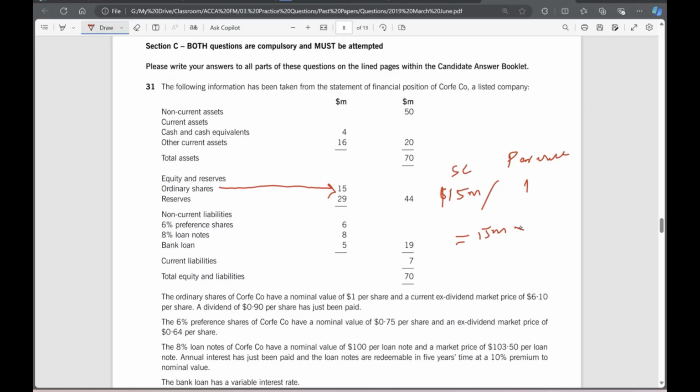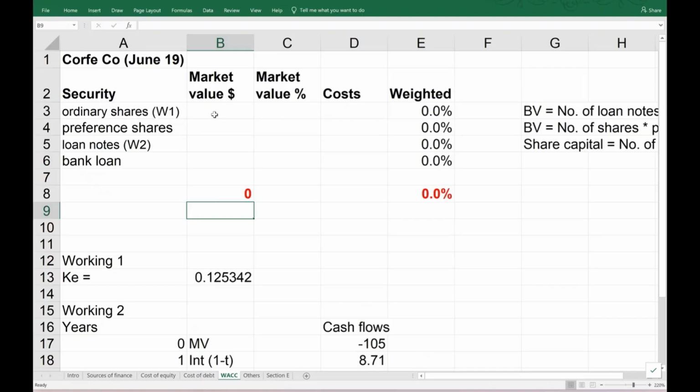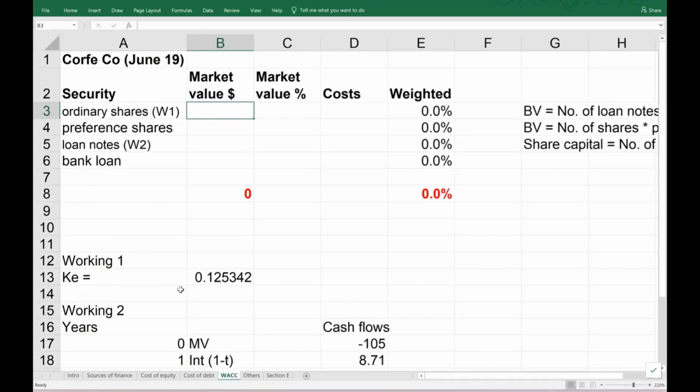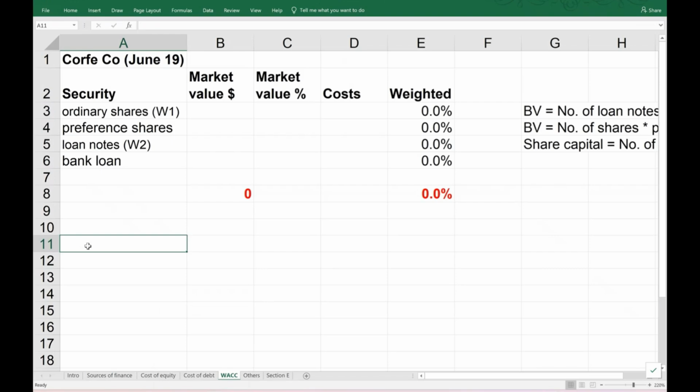And then number multiplied by market value, which is 6.1. So the market value of share we can find like this. If I want to find the market value of equity, write here: number of shares multiplied by market value.